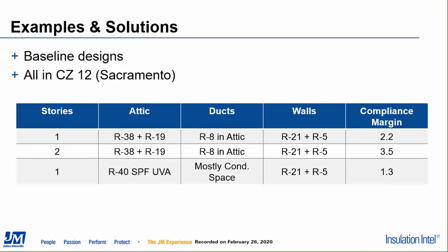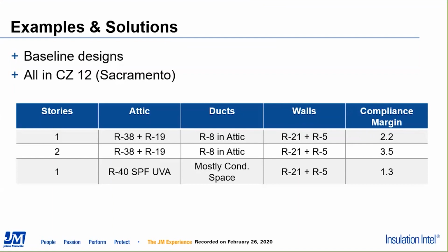On the wall side, again, the first number, the value on the left, is going to be the insulation that's in the wall cavity. So if we're framing with 2x6, it's going to be R21. The R-value after the plus sign would be the foam sheathing that we're going to put on the outside of the building. In this case, the R5 would equate to our 3/4 inch AP foil foam sheathing.